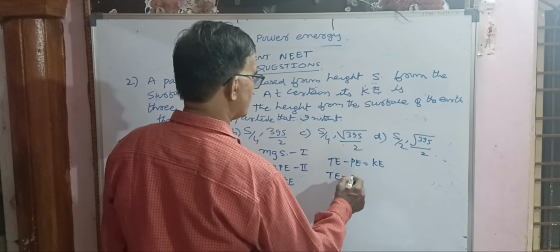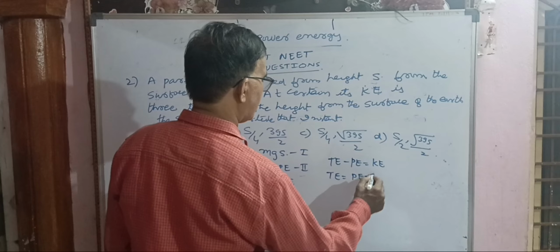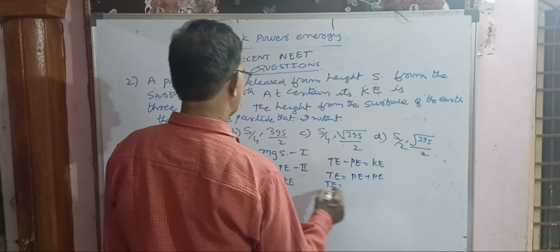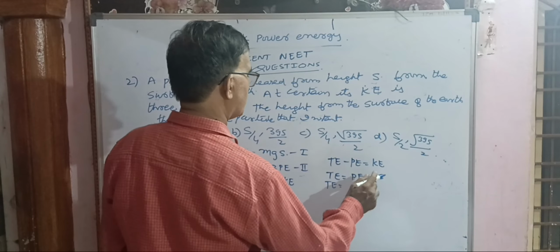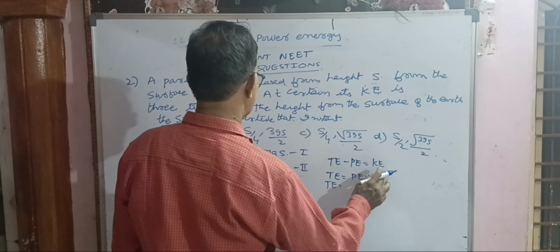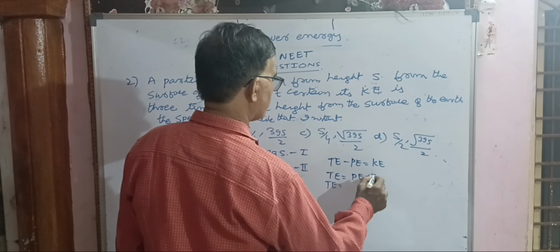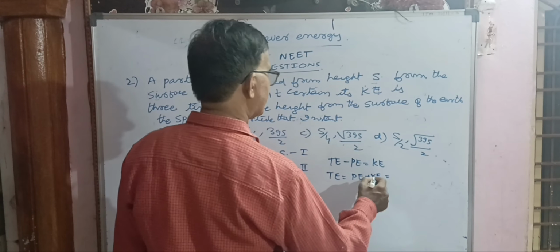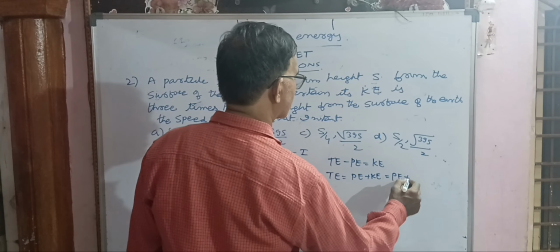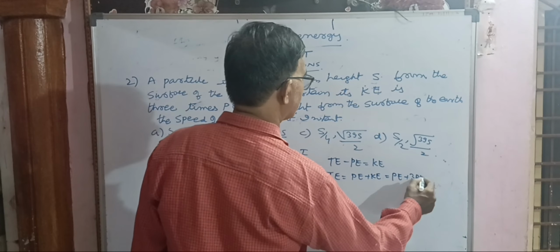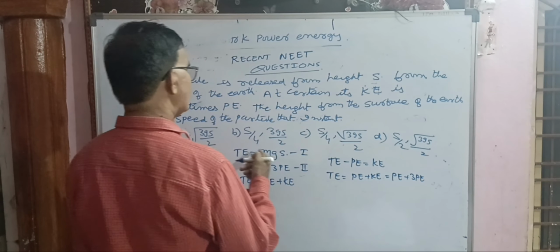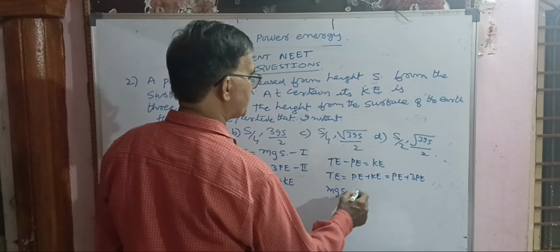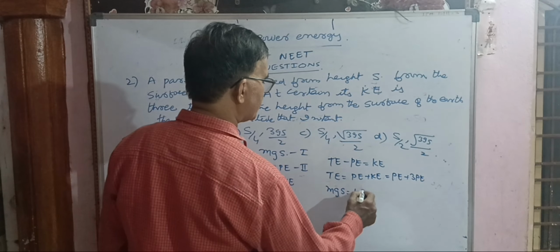So total energy is PE plus KE, which is PE plus 3PE. But what is total energy here? mgs. So 3 times means 4 times potential energy.